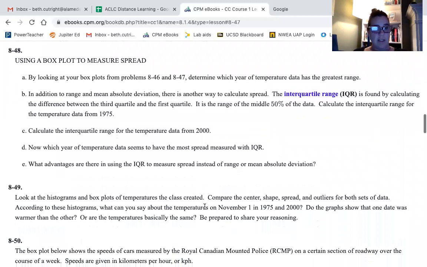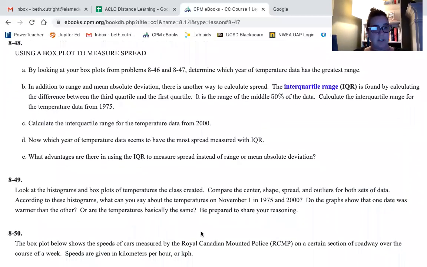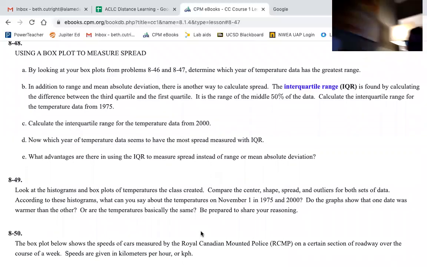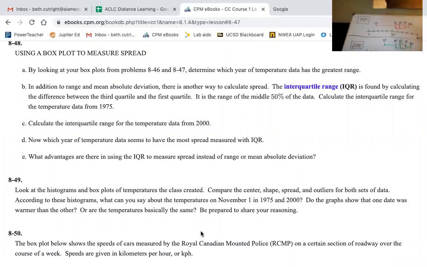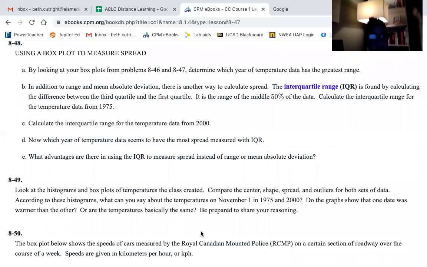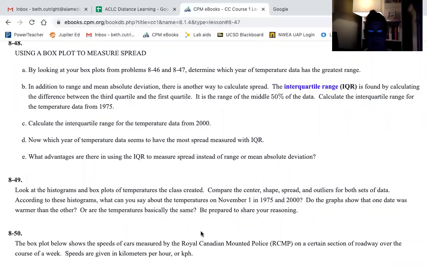And then 49 says, look at the histograms and box plots of temperatures the class created, which you could see on this board. Well, we don't really have a histogram on that board, do we? Compare the shape, center, spread, and outliers for both data sets.